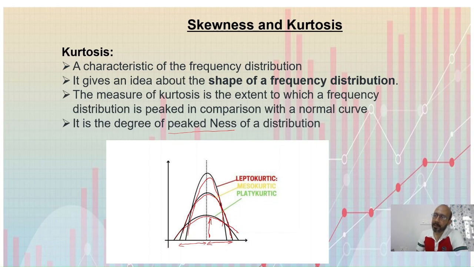The greater the value of kurtosis, the higher the peak. So, excess kurtosis equals kurtosis minus 3.